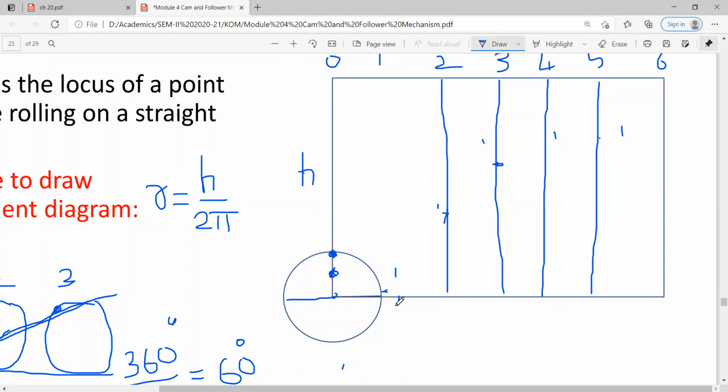Okay, so see, this numbering is to be done from here. That is the positive x-axis, positive x-axis.